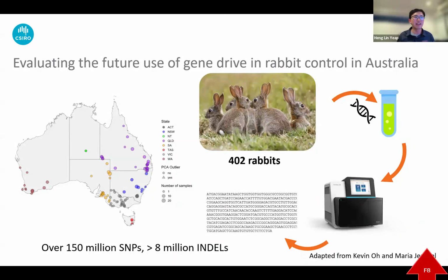So we set out to identify whether we can find some candidates specialized to Australian rabbits. So we sequenced quite a lot of rabbits from the Australian range, and together with collaborators in Europe, we also obtained sequences from them in a separate study for European rabbits and also other Australian rabbits.